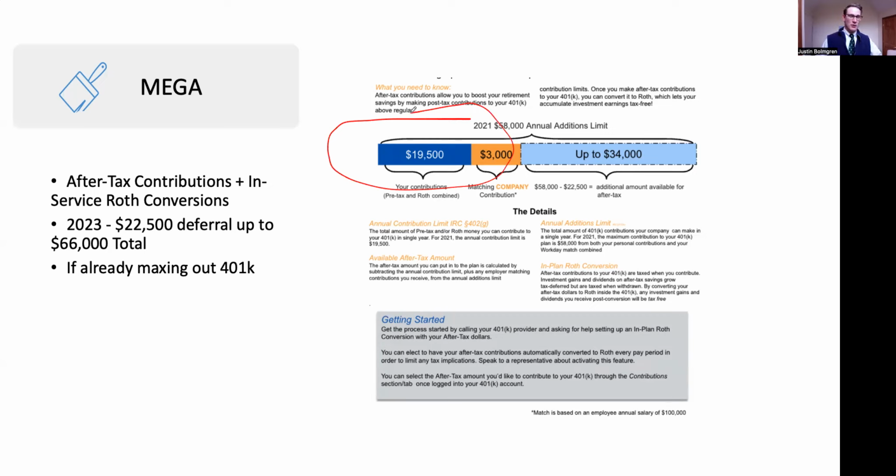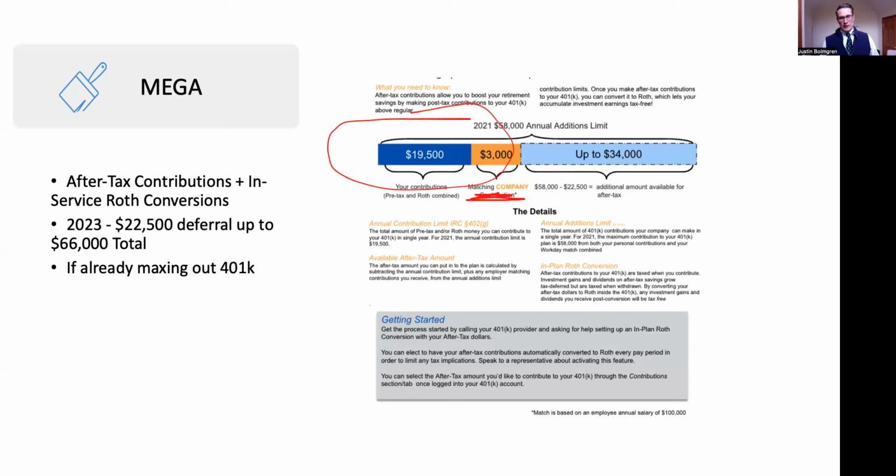This would be what you would contribute normally on a pre-tax basis, and then you've got the matching contribution, which is what the company would contribute. Now, if you're the business owner of a tightly held corporation, that's kind of one and the same, right? You can make your personal contribution plus the business side, so you can add those together. So 22,500 deferral plus whatever matching provisions you allow.